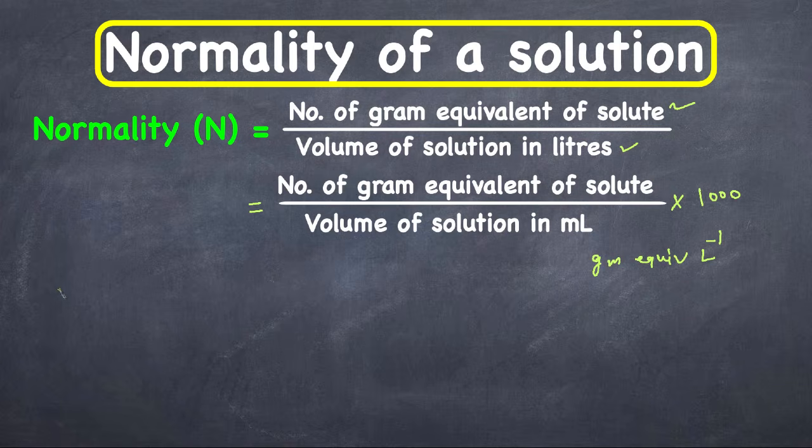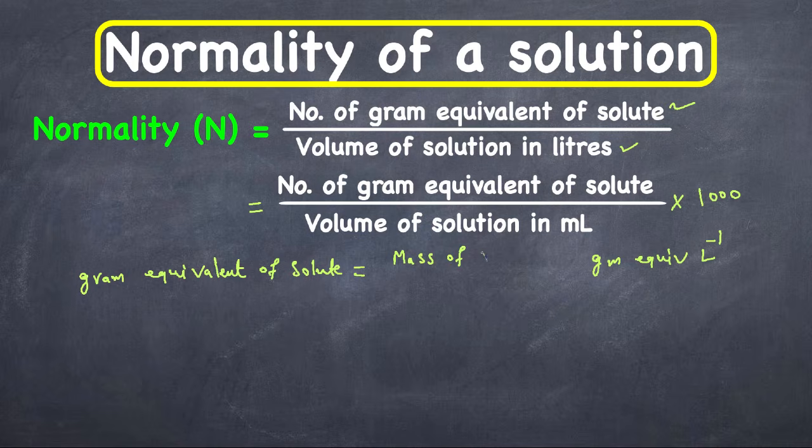And gram equivalent of a solute is basically equal to, let me write that down, gram equivalent of solute is equal to mass of solute divided by equivalent mass.